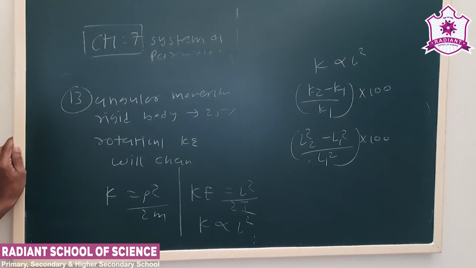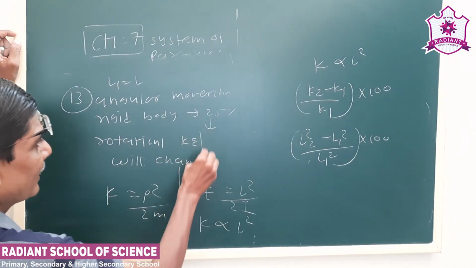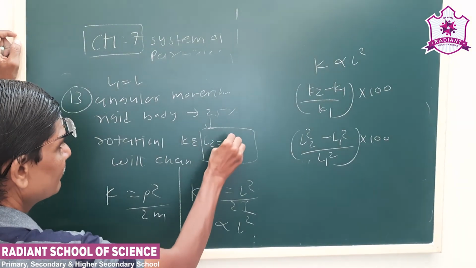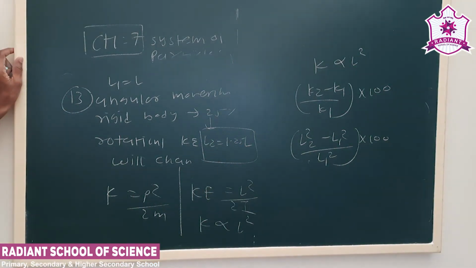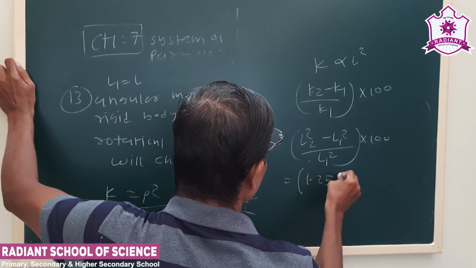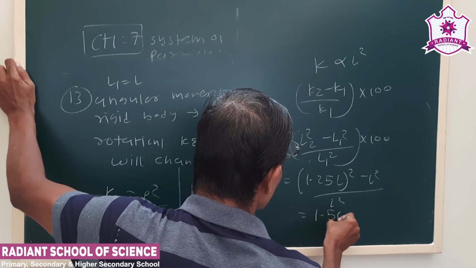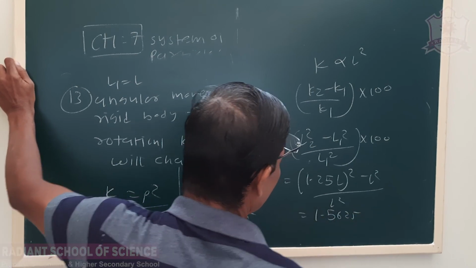Now see, angular momentum L1 we take L, it increases by 25%, so L2 will be 1.25 L. So 1.25 squared is 1.5625, minus 1.